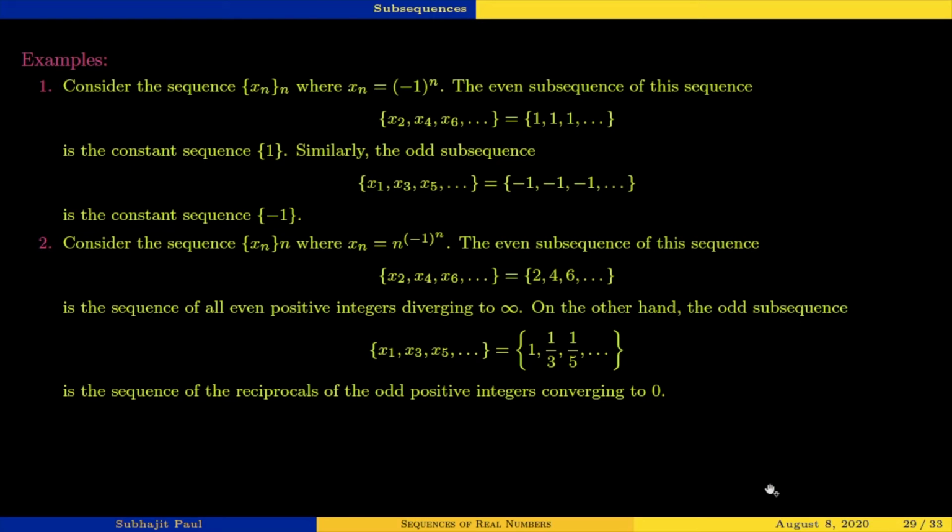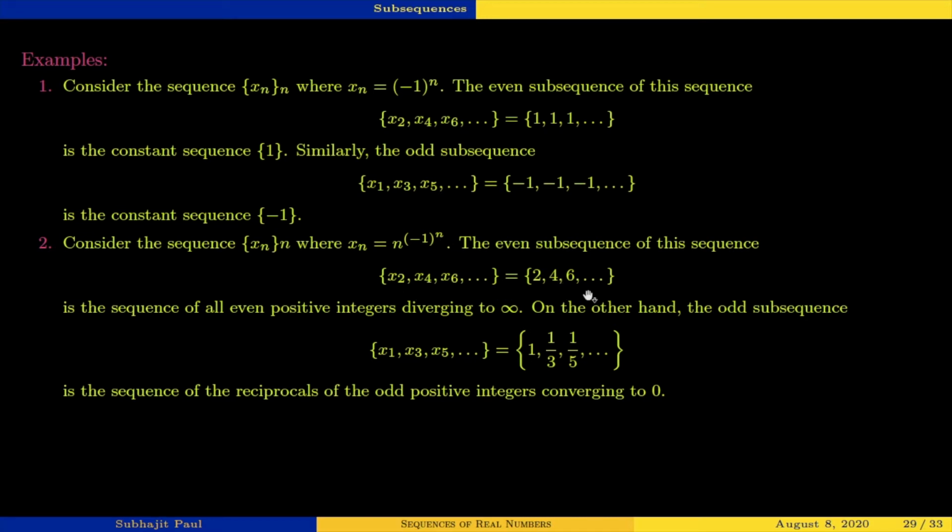Next example, consider the sequence xn where xn is equal to n to the power minus 1 to the power n. The even subsequence x2, x4, x6 is 2 to the power minus 1 to the power 2, that is 1, so that is 2; 4 to the power minus 1 to the power 4, that is 1, so that is 4, and so on.